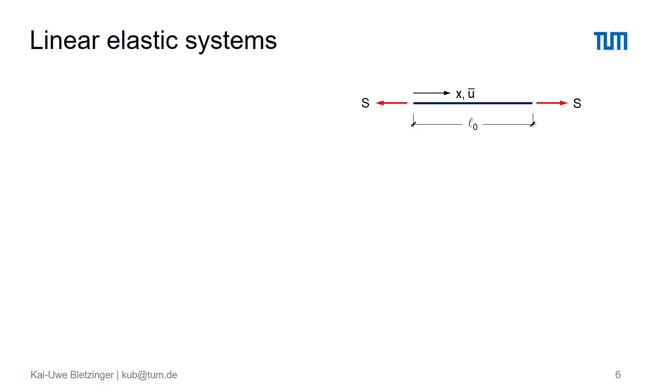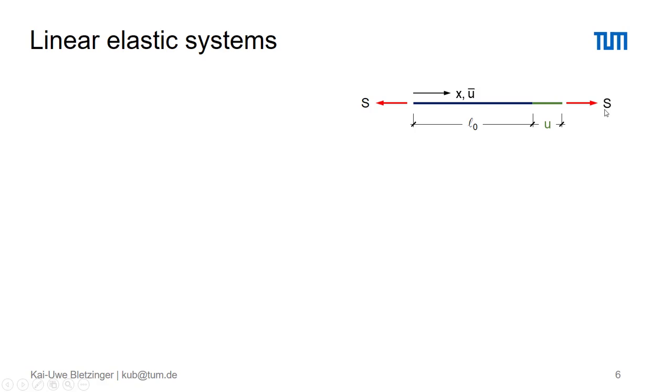Let's further concentrate on linear elastic systems, and in particular the linear elastic cable. That's exactly what we have in mind when we talk about a cable net. We have a piece of initial length L0 where we apply some cable force S in equilibrium, a normal force, and we have a coordinate X running from 0 to L0 and a distributed longitudinal displacement U bar, which runs from 0 on the left to the maximum at the tip on the right.